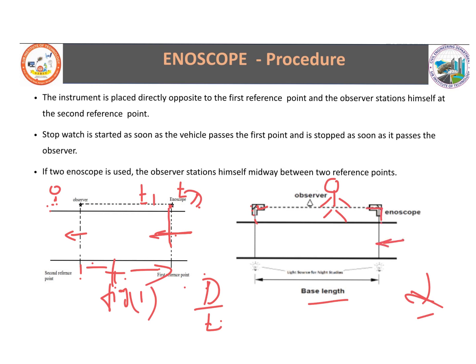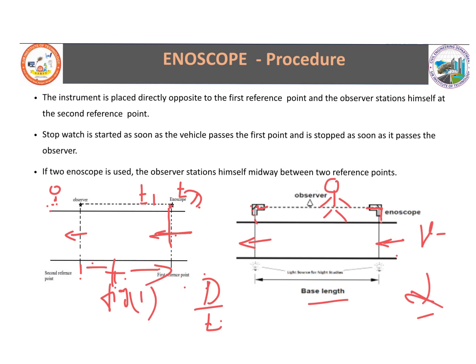At the passage of the vehicle at these two reference points, he can see it, and when the vehicle passes the first reference point, he'll start the stop clock, and when the vehicle passes the second reference point, he'll stop the clockwork. With that, you'll know the distance between the two reference points, distance divided by the timing recorded in the stop clock. That gives you the value of spot speed.